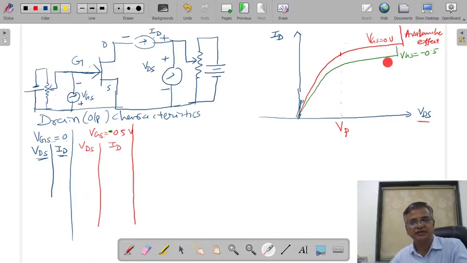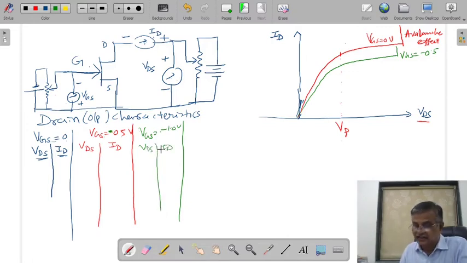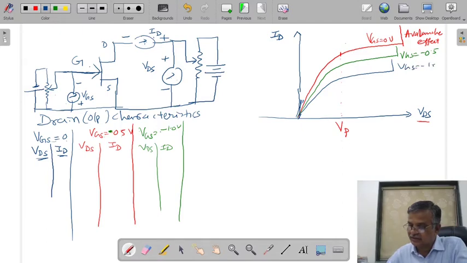Again I keep VGS at minus 1 volt and vary the VDS and ID. The same shape is obtained, but the graph is shifted down.